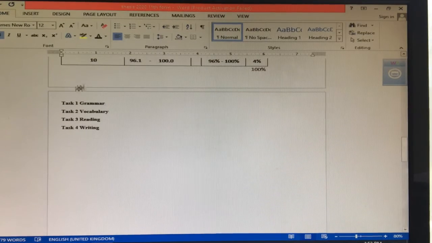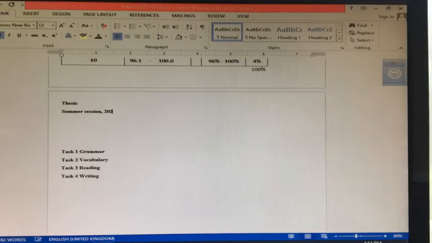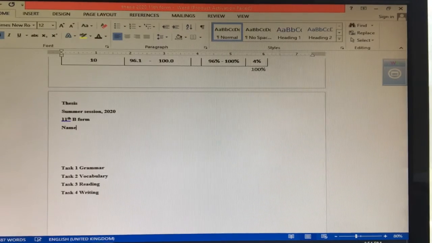So first we have to design it to say that it is a test, and it is summer session of 2020. It is for 11th B form, and we need to have the name and the surname of the student.